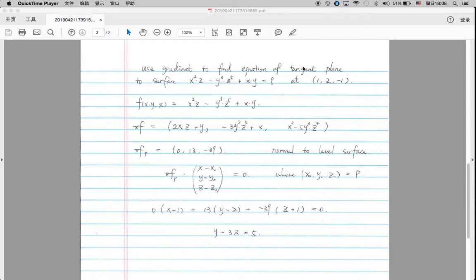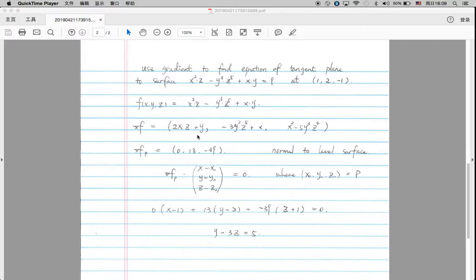Since we are going to calculate the tangent plane to this surface, and the gradient is already normal to the level surface, the equation for a tangent plane is just the normal vector multiplied by x minus x0, y minus y0, z minus z0, where x0, y0, z0 is the point that we are looking at.